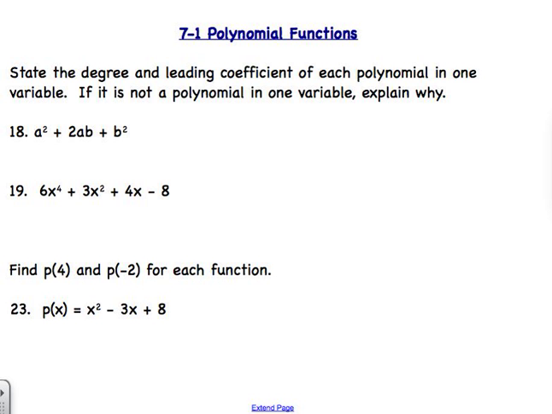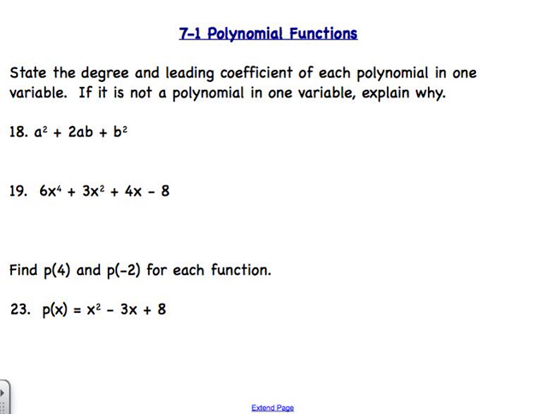Lesson 7-1, talking about polynomial functions. We've seen polynomials before. The first thing they're going to ask us in 18 and 19 is whether they are polynomials in one variable. That means just one letter of the alphabet. If you look at number 18, we have a squared plus 2ab.